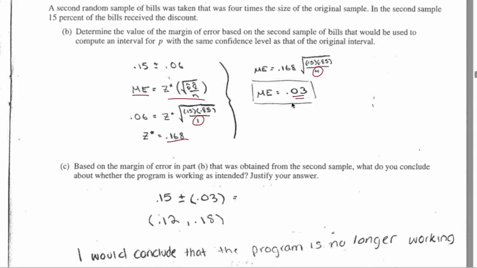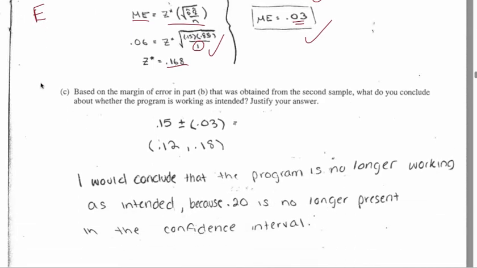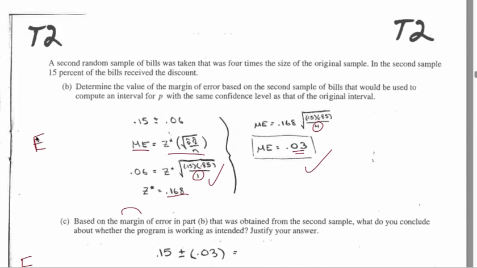So with the work that they have and with the right answer that they have, that is essentially correct. And then using that 3% margin of error, they do calculate a new interval, and they conclude that the program no longer works because 0.2 is no longer present in the confidence interval. So they had everything. They had the right answer and the right reason, and they calculated a new interval, so they got it essentially correct on both of those.